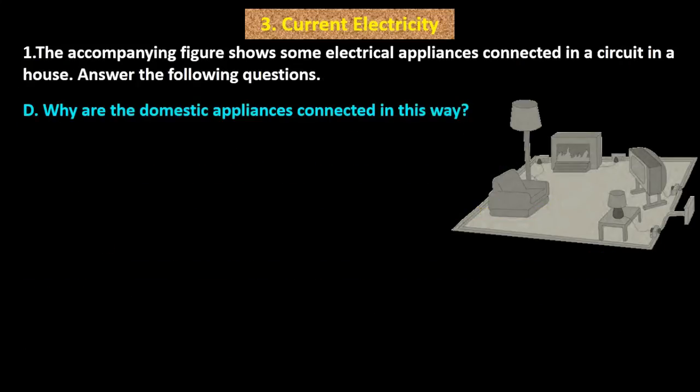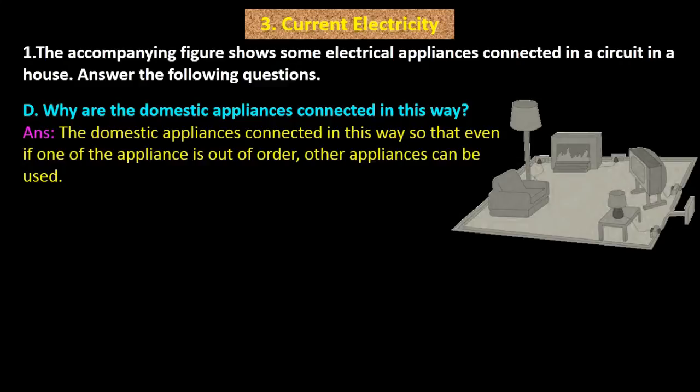D. Why are the domestic appliances connected in this way? Answer. The domestic appliances are connected in this way so that even if one of the appliances is out of order, other appliances can be used.